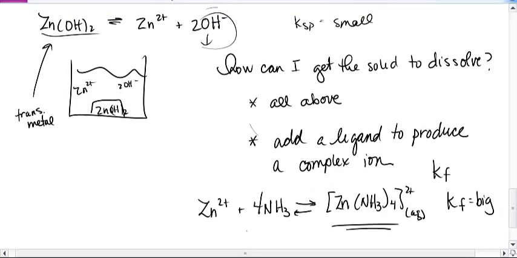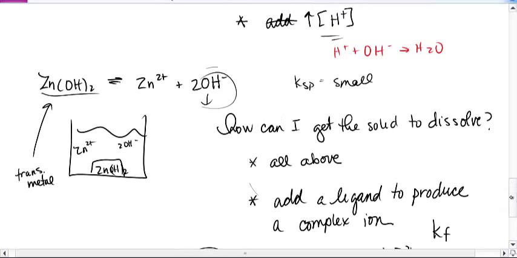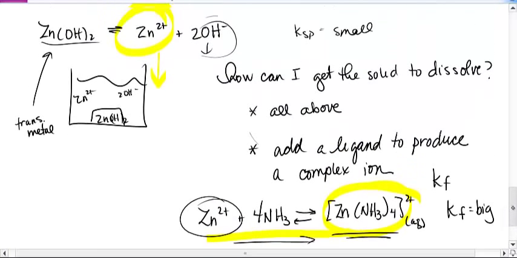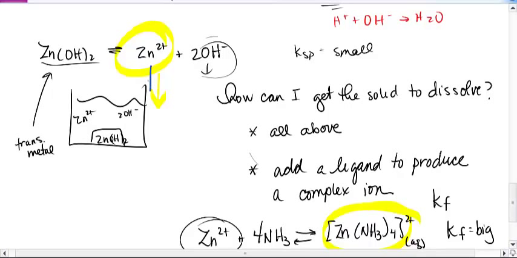If this is really big, so this shifts far to the right, it's going to grab onto any zinc ions. Well, we go back to this reaction. The zinc ions are getting reduced because they're turning into this stuff. If this goes down, this is going to cause it to shift to the right, which will cause more of this solid to dissolve.